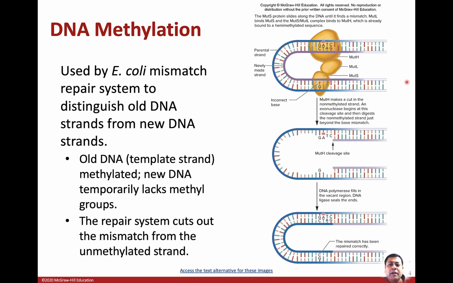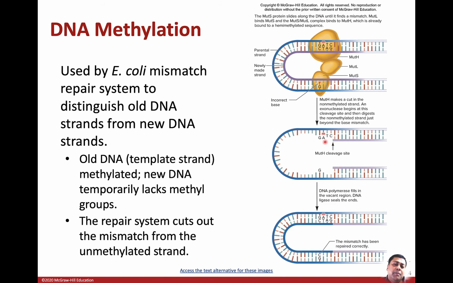So at this point, what will happen? MutH will make a cut in this non-methylated DNA, and then an exonuclease will chop up this strand. Here, the MutH cleavage site is next to that methylated DNA, and then this strand, which is the daughter strand, the newly synthesized strand, is chopped out.